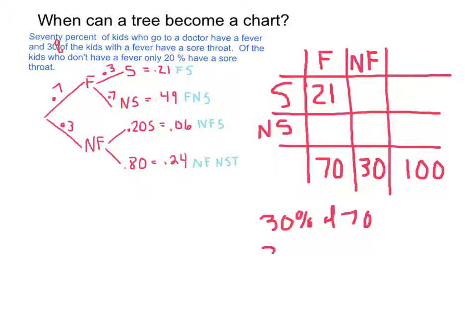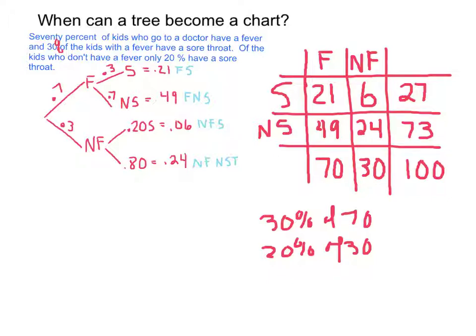So I take 20% of 30. That gives me my 6. And now I just go ahead and fill out the rest of the diagram because they all add up to 100%, because that's my rule. This is going to be 49, and 27 and 73 add up to 100.